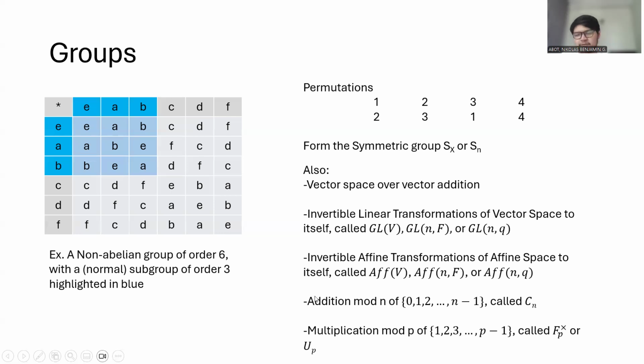Other smaller examples of groups include the cyclic group of order n, which is the set of elements from 0 to n minus 1 using addition modulo n, that is, taking remainder mod n. And similarly, multiplication mod p of the set of elements from 1 to p minus 1, that is, multiplication but taking remainder mod p. This is called either the multiplicative group of the field F_p, or the group of units mod p.